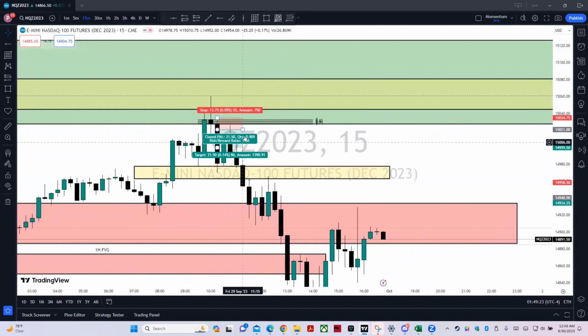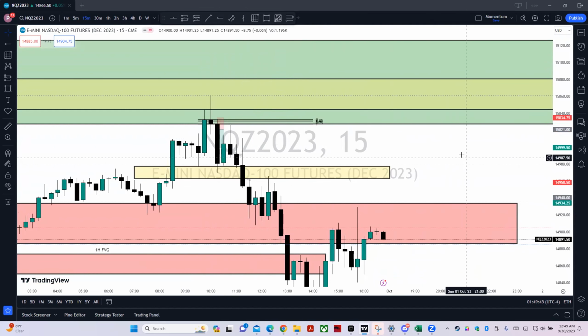Now, where should I have targeted? I should have targeted at least the opening price of today, which would have netted me almost 100 bars. That would have passed the account in one day, but neither here nor there.